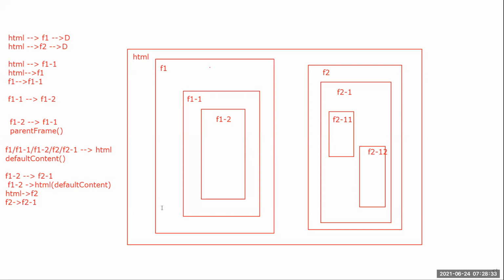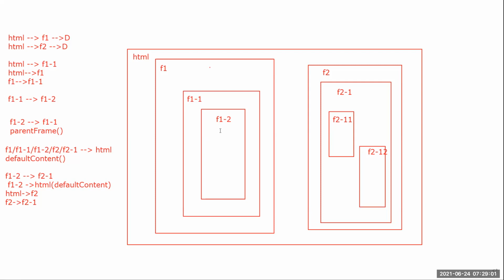Here, since I drew the diagram, you are able to clearly see that F1 is separate and F2 is separate. But in the HTML page or in the applications, how do you know that this frame is inside another frame? Is there any way? No. There is no shortcut way. There is no option to find out whether it is a child frame or child of child.